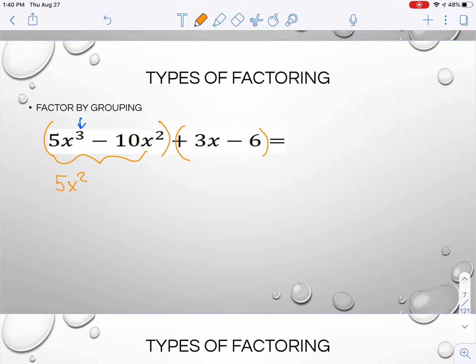So what remains is x minus 2. If we were to distribute this back, that gives me 5x cubed, that gives me negative 10x squared. We're just undoing that. Same with the 3x minus 6. What do a 3x and a negative 6 have in common? They each have a 3. So when we lose the factor of 3 from the first term, an x remains. When we lose the factor of 3 from the second term, a negative 2 remains.